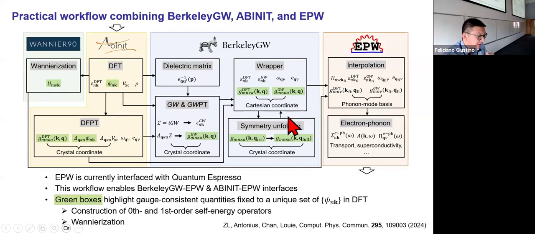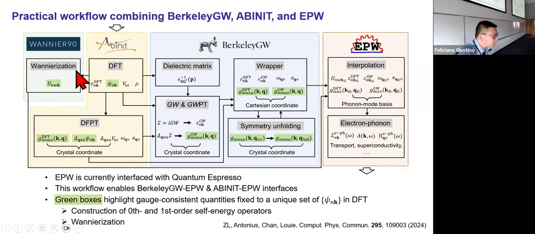With that, we can do some symmetry unfolding, which means that we save computational effort by reducing the Q grid. Then we use some wrapper code to prepare files for EPW to read, interpolate, and calculate practical electron-phonon properties or quantities of interest.